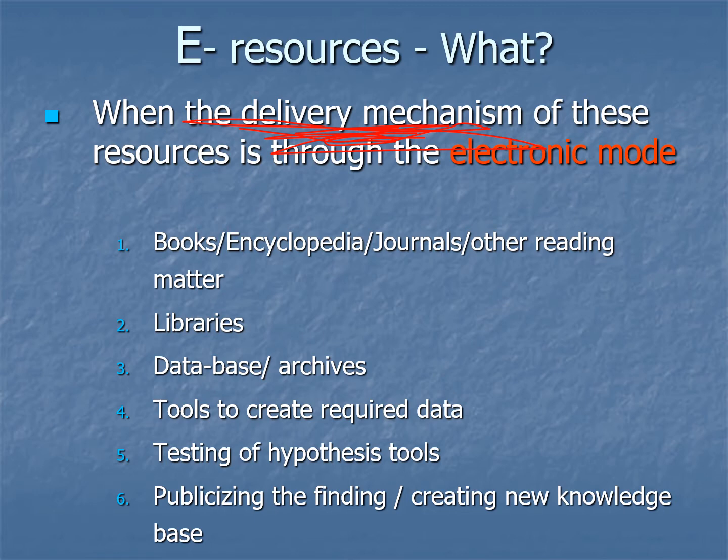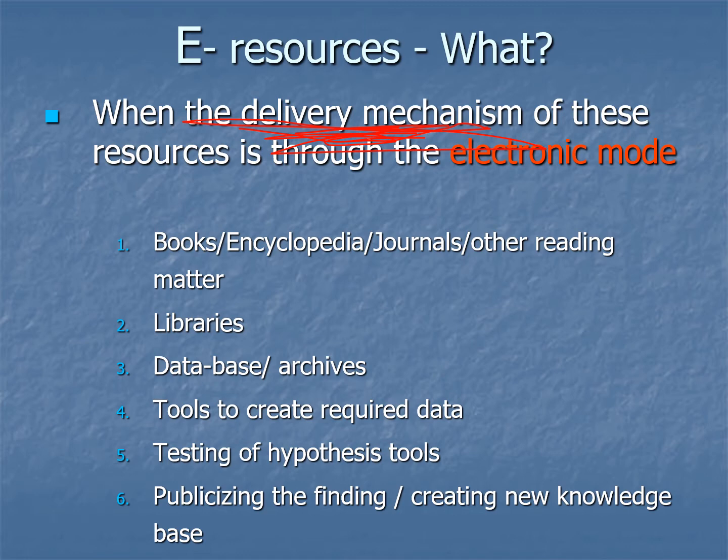When the delivery mechanism of these resources is through the electronic mode or the virtual mode, that is, when these resources that we discussed earlier are not used in the physical way, in the physical world, by way of handling them physically, but by way of the electronic mode, or what one will call in the virtual space.